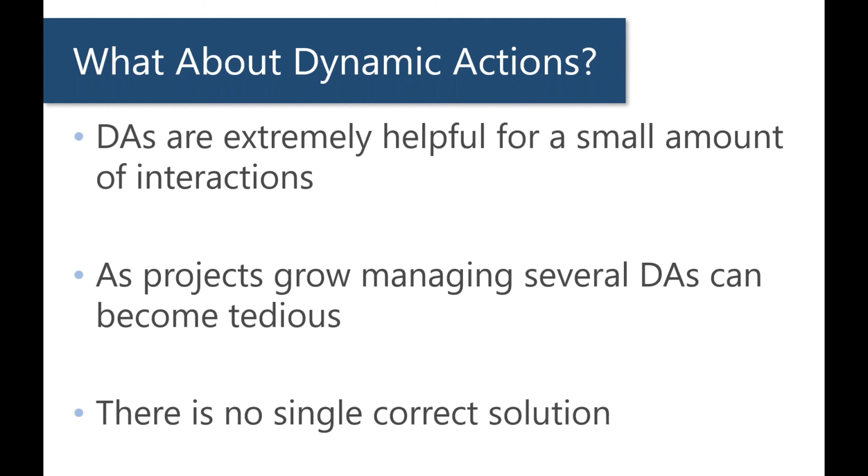But sometimes, as a page grows in complexity, and sometimes you have tens, hundreds of dynamic actions on a page, managing that, the cognitive load, at least for me personally, it's incredibly tedious, and it can become a little bit difficult. So my general rule of thumb is I start with dynamic actions, and I'll use them to build out what I need.